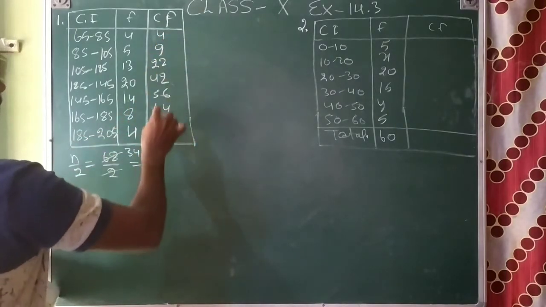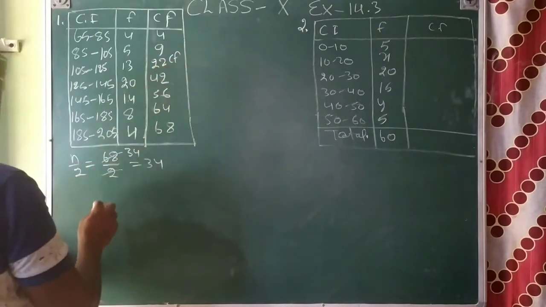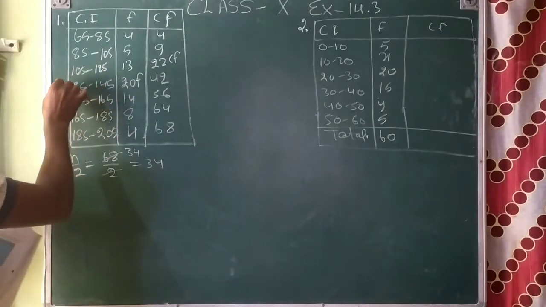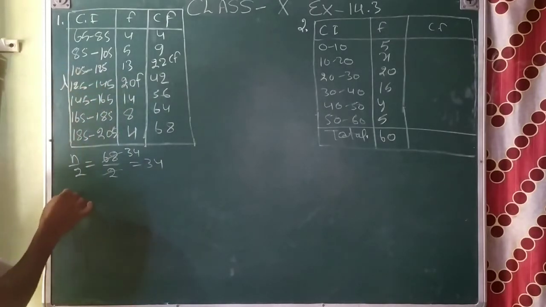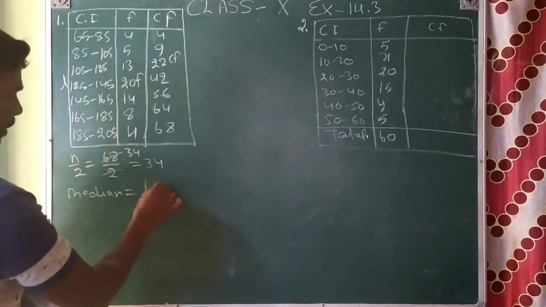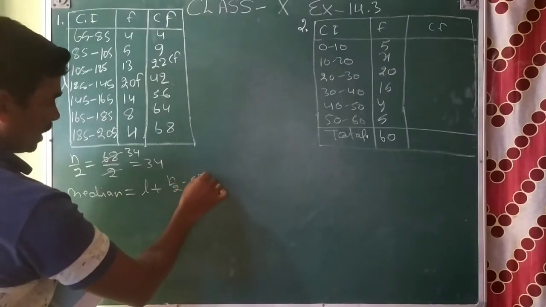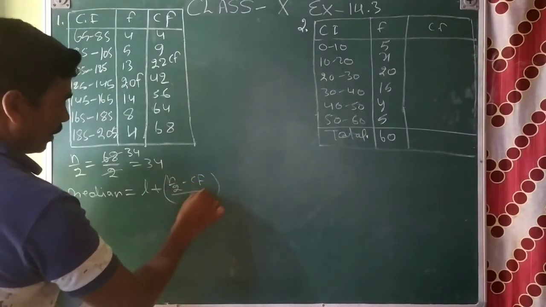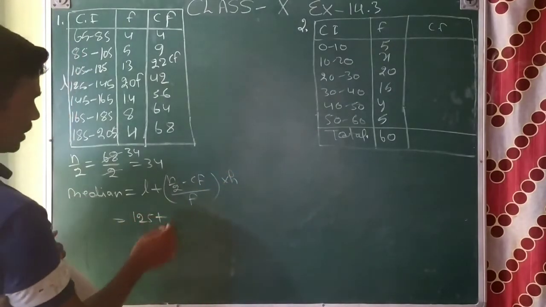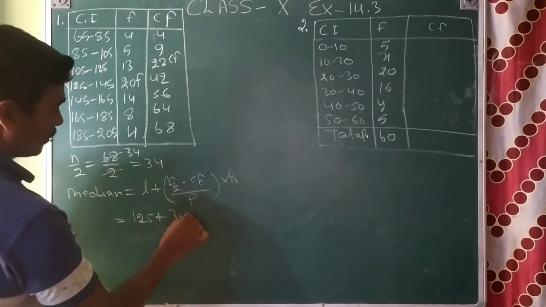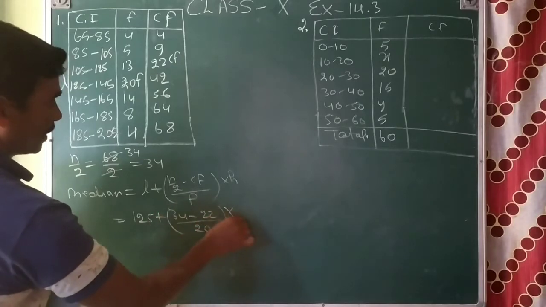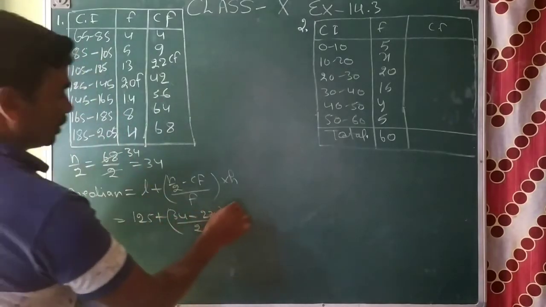Now first of all we will see where 34 comes in this table. Just before the 34 is this one, that is the CF, and after this is the F, and the class in the horizontal row gives L. So median is equal to L plus n upon 2 minus CF upon F into H. L is 125, plus n upon 2 we have already found 34, minus CF is 22, F is 20, multiplied by H, which is 20.